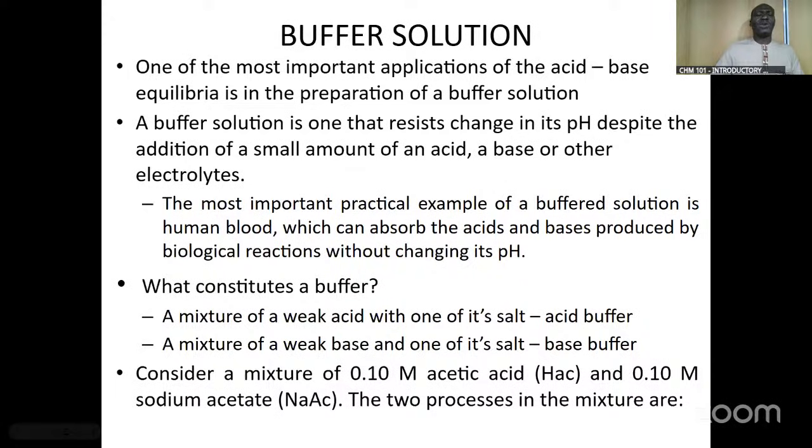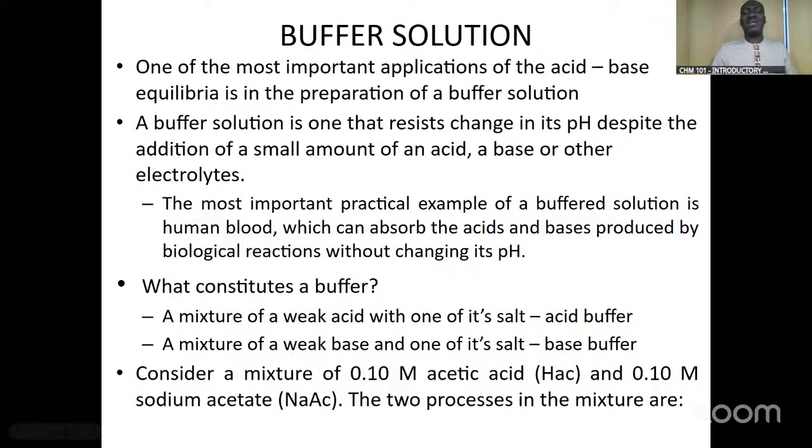It means that your blood is a buffer system that resists a change in its pH when some amount of acid or base or any other electrolyte is added to it. That's what we call a buffer solution. Generally, a buffer solution is one that resists change in its pH despite the addition of a small amount of an acid, a base, or any other electrolyte.